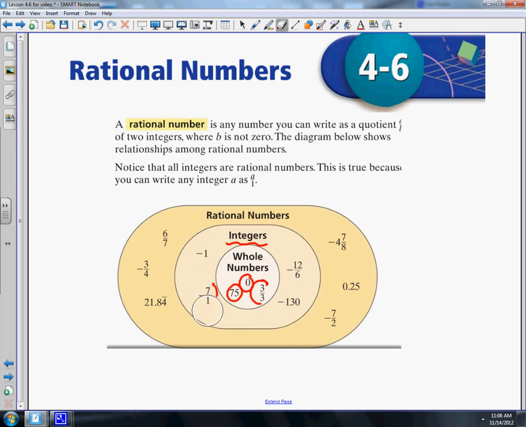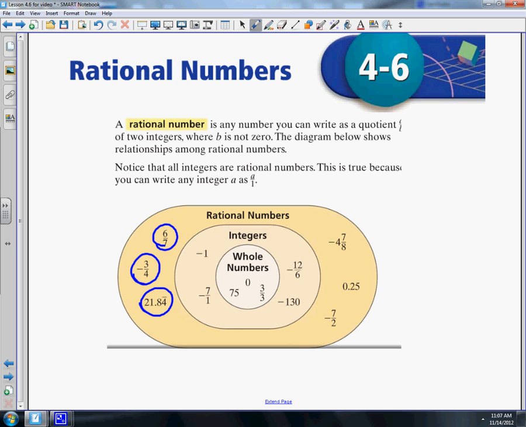Now, a rational number is pretty much any number that you can write as a fraction. Rational numbers are like 6/7, negative 3/4. It's positive and negative. And 21.84 with the repeating sign.